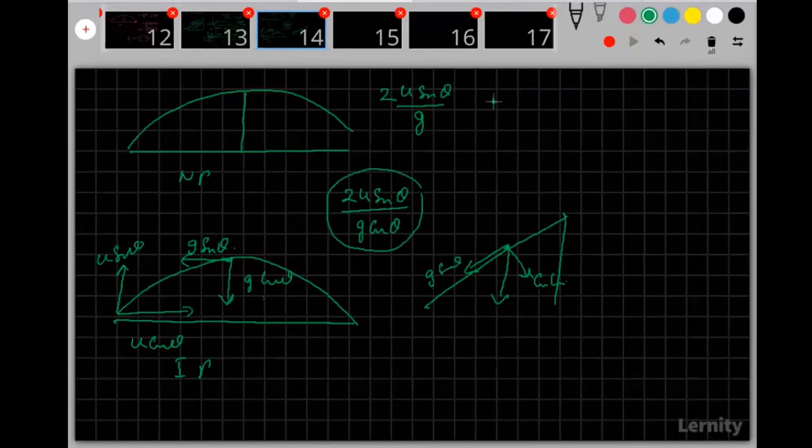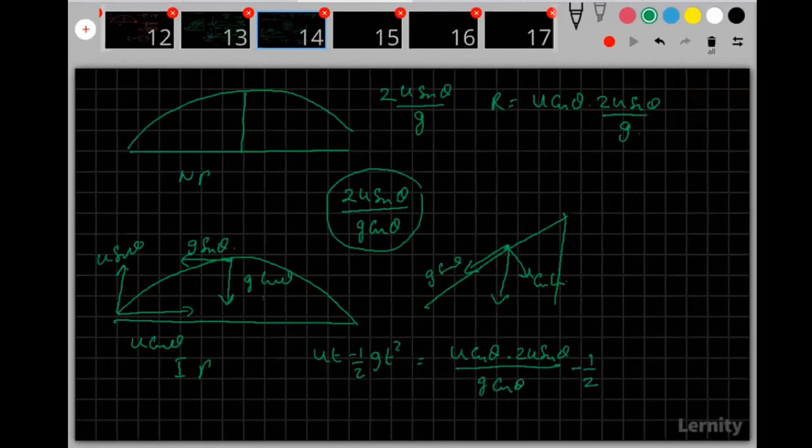Then here the range is equal to u cos theta into 2u sine theta by g. In this case, the range will become ut minus half g t squared, which if I substitute will look like this: u cos theta into 2u sine theta by g cos theta, minus half g sine theta into 4u squared sine squared theta by g squared cos squared theta.